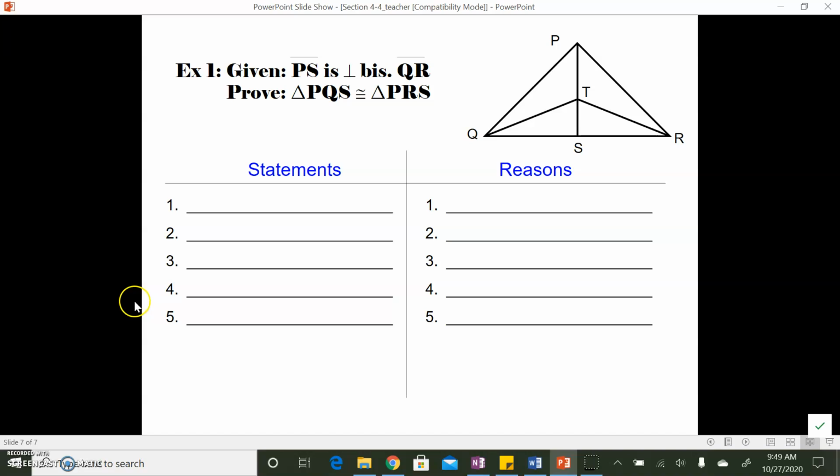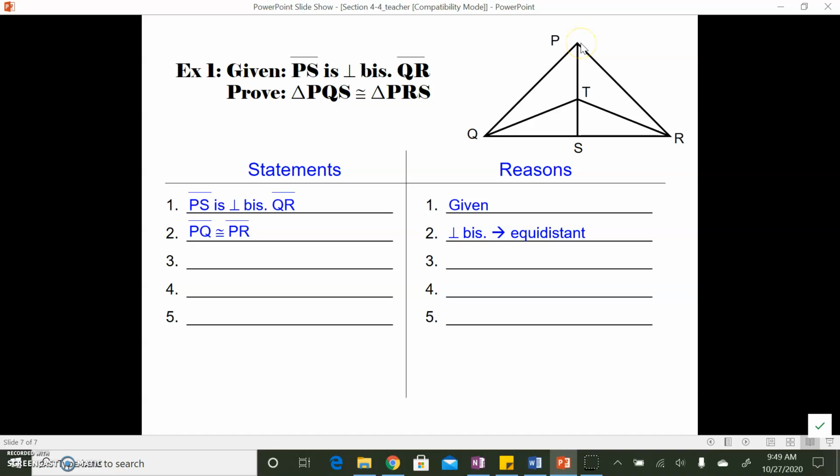Our last proof is: given that it is the perpendicular bisector, prove that the triangles are congruent. We know a number of things here. Triangle PQS is congruent to triangle PRS. I know it's the perpendicular bisector, which means I know PQ is congruent to PR. Why? Because if it's a perpendicular bisector, we can just say it's equidistant.